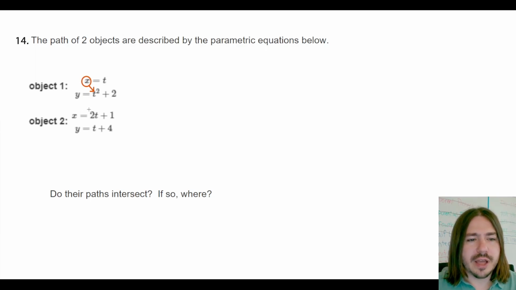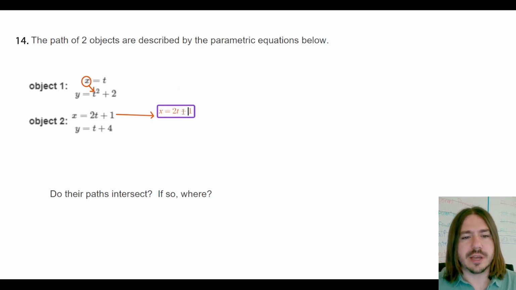For object 2, x is going to equal all this. Now what I really want is to be able to substitute something in for t in the second equation. So I need to rewrite this equation where t is isolated. So I'm just going to retype this as x equals 2t plus 1.